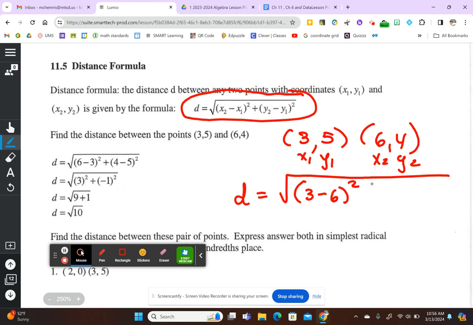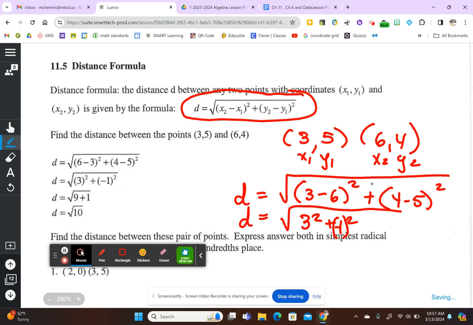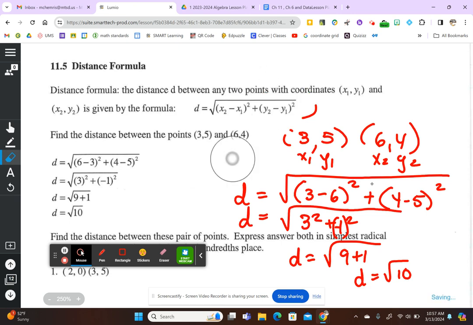Even if I mess up and do 4 minus 5 here, I'm still going to get the right answer because it's the difference in the two, and since you square it, the sign doesn't matter. So this becomes the square root of 3 squared plus 1 squared, or negative 1 squared, but again, it does not matter. So D equals the square root of 9 plus 1, and D equals the square root of 10. So that is the distance formula.